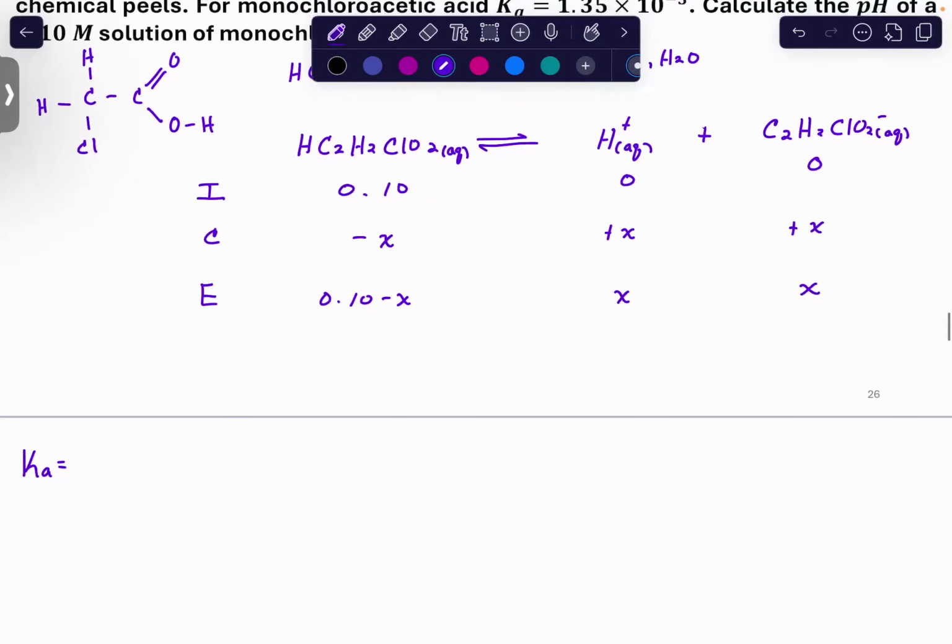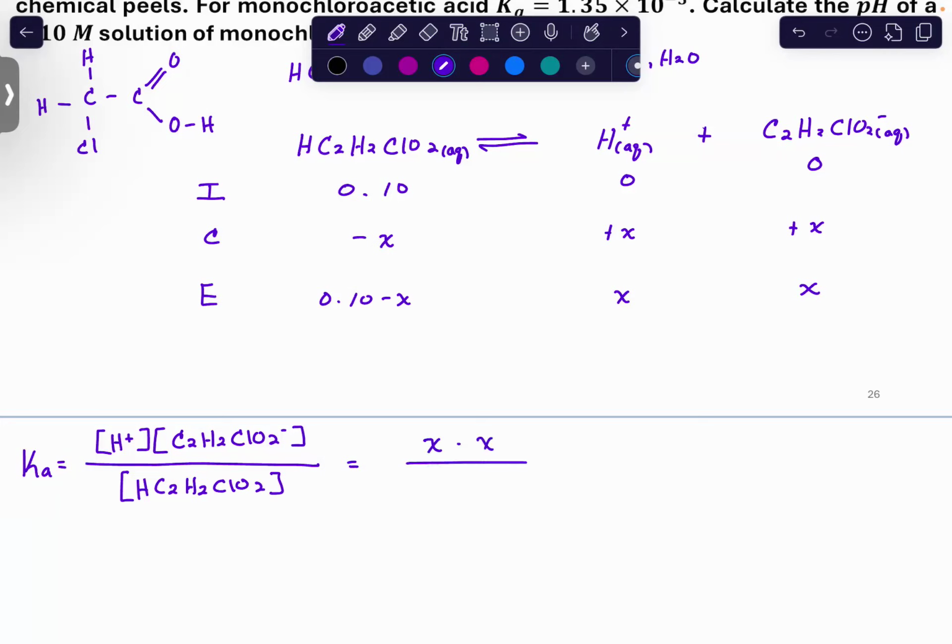So the Ka is that. And we look here, that's going to be x times x over 0.10 minus x, and that is going to be our 1.35 times 10 to the negative third.